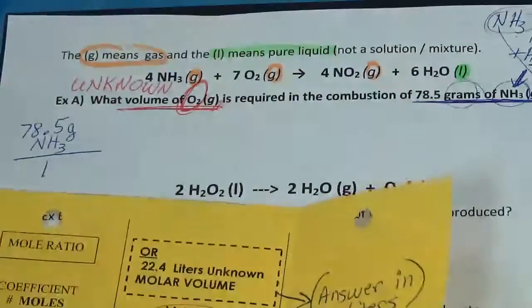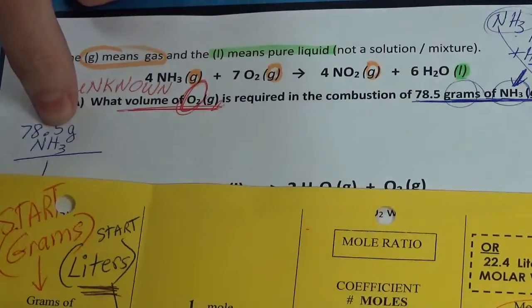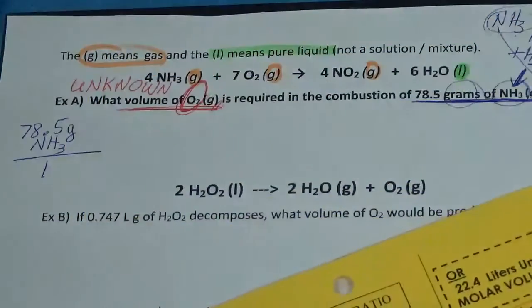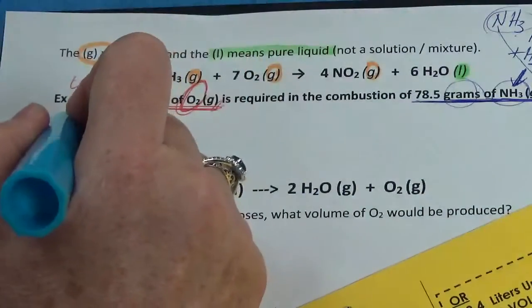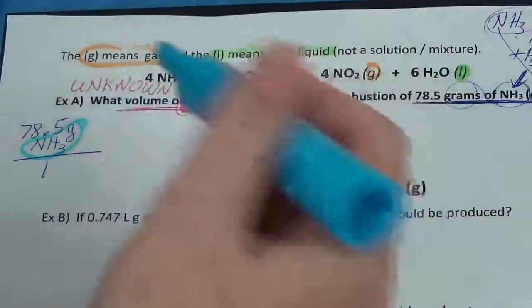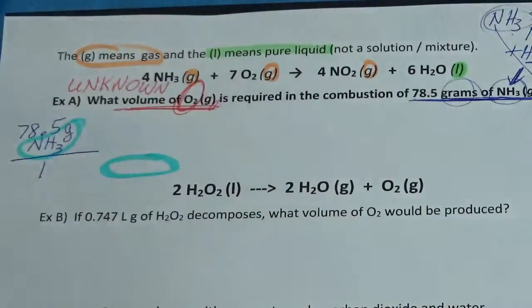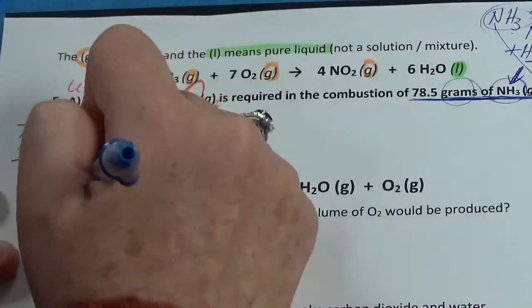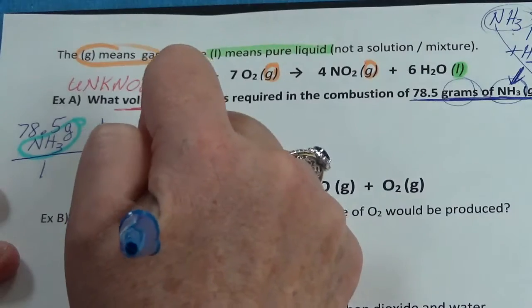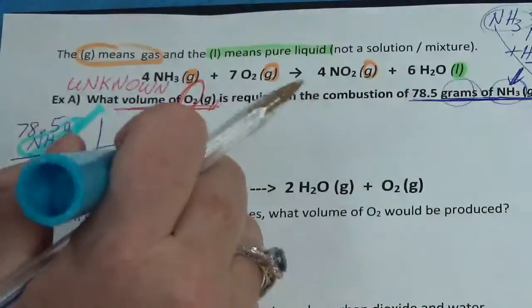All right, now let's begin our work. So we have given, and the grams are NH3 at the start. Here's grams of given, and just like we've always said, we don't want the units gram or NH3 in the answer of the question at the end, so we need to cancel that out. We will copy it to the bottom so that it will cancel from given grams.